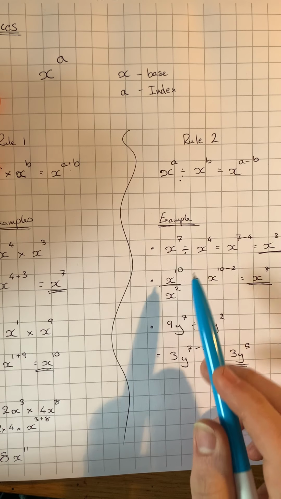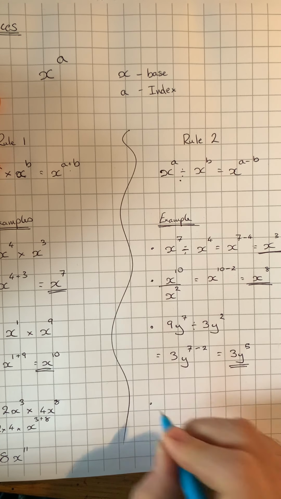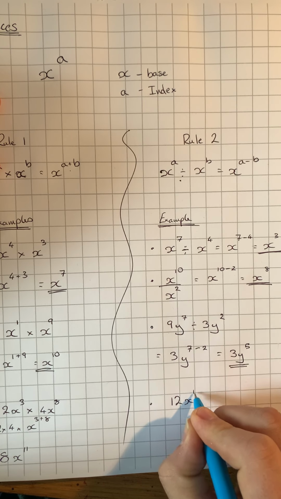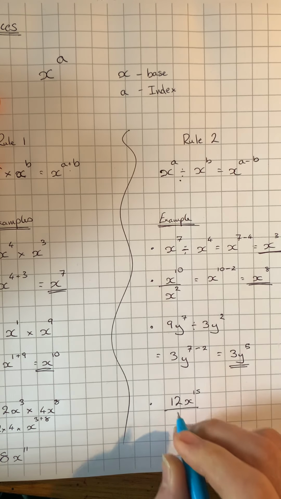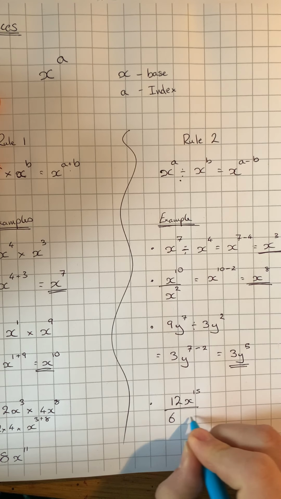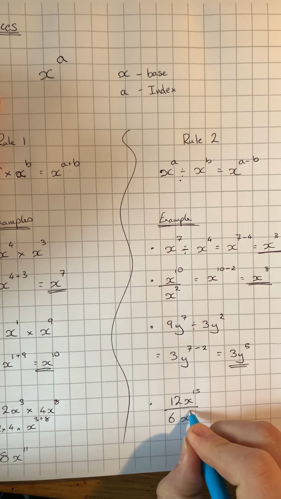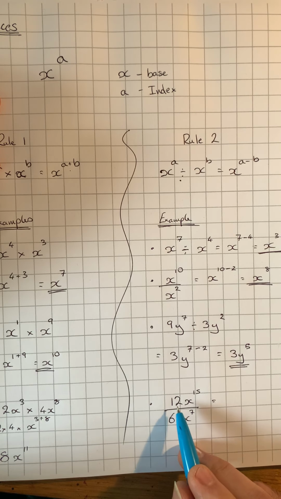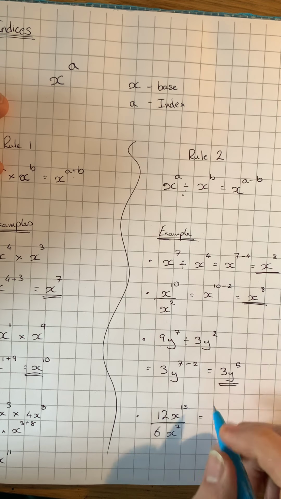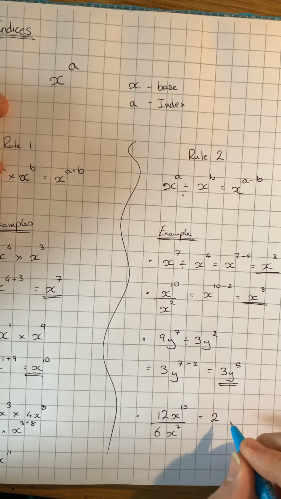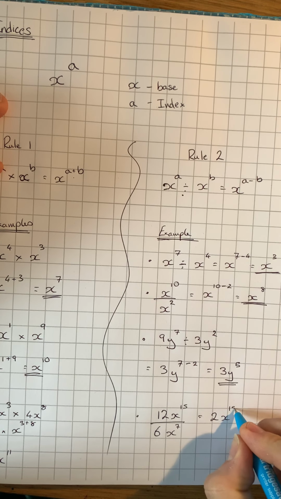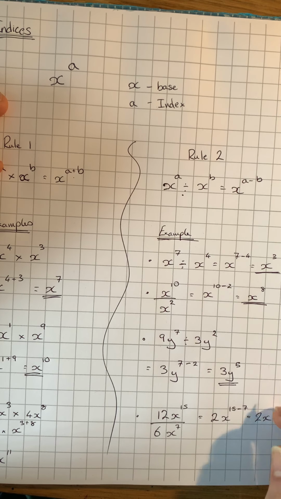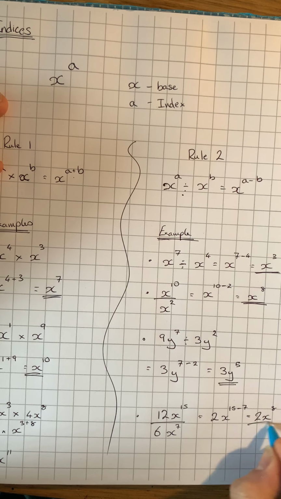Similarly, if it's in this form as a fraction, say for example we had 12x to the 15 over 6x to the 7, we do the dividing first for our whole numbers, so 12 divided by 6 gives us 2, and we've got x to the 15, subtract 7, which gives us 2x to the 8.